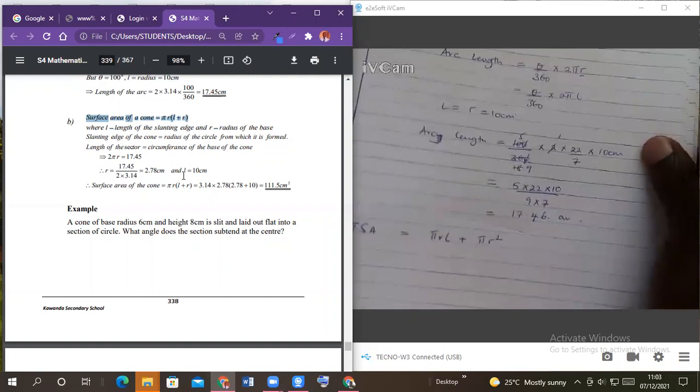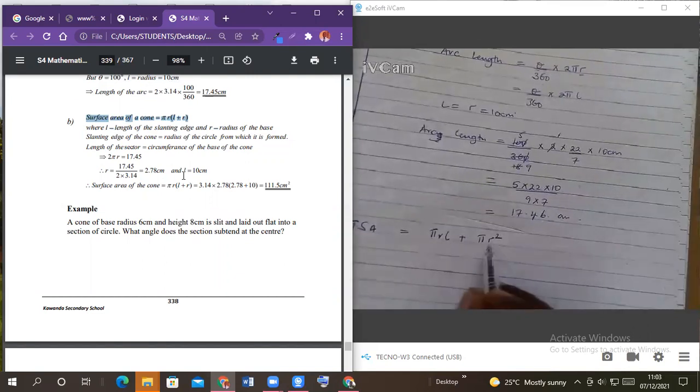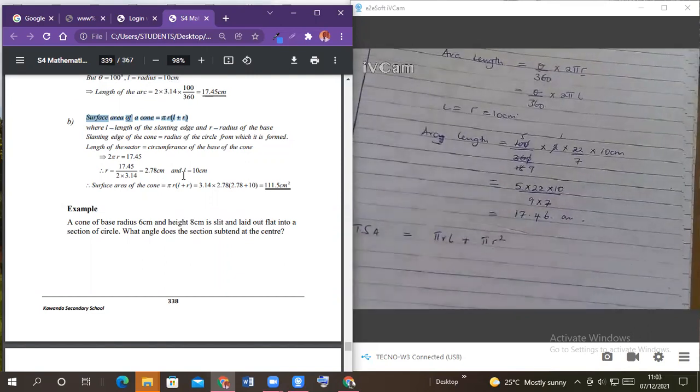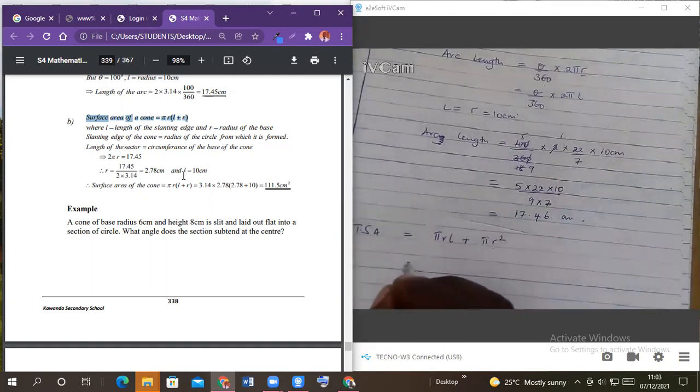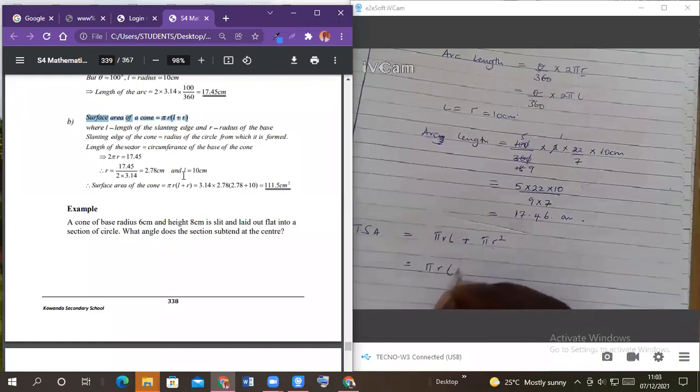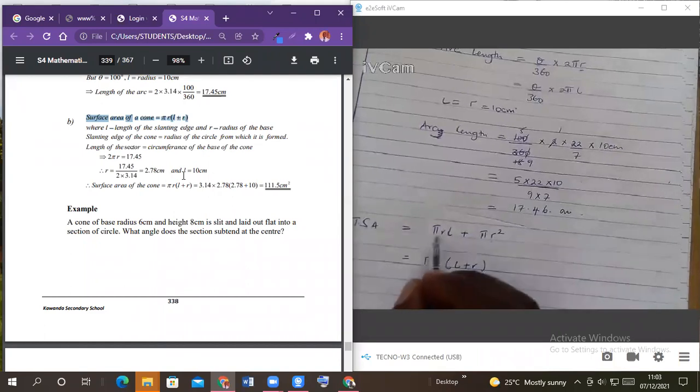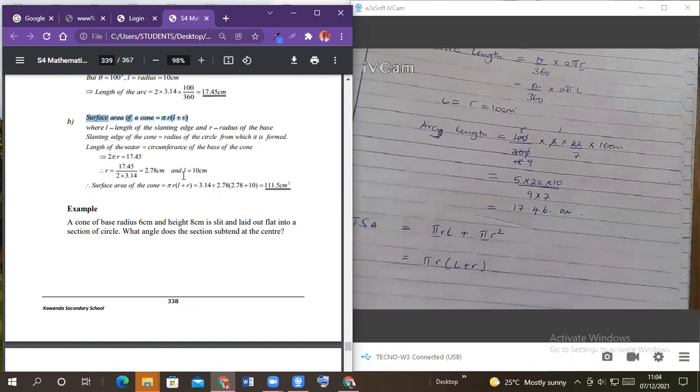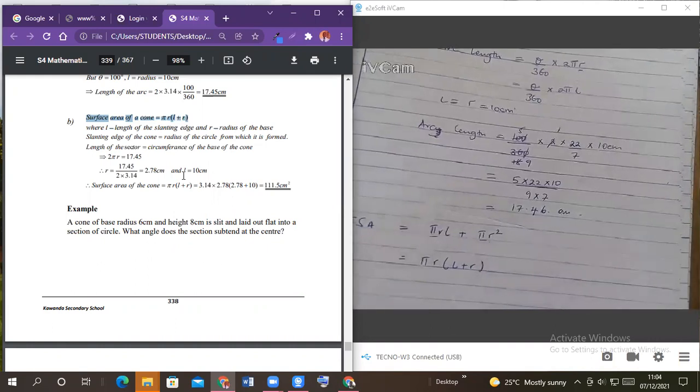It is from this that they get the total surface area of the cone, given as pi r (L plus r). So we factorize out pi r, and you have L plus r. Now, since we have our length L, it is just a matter of substitution.